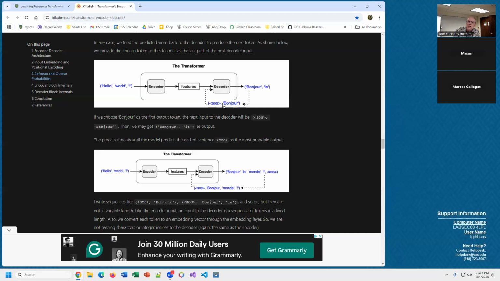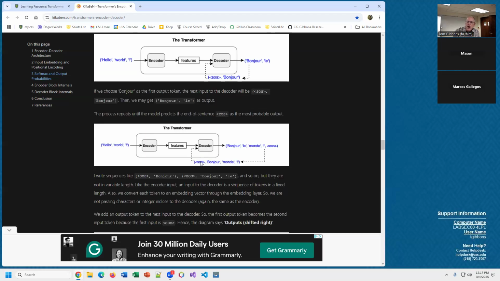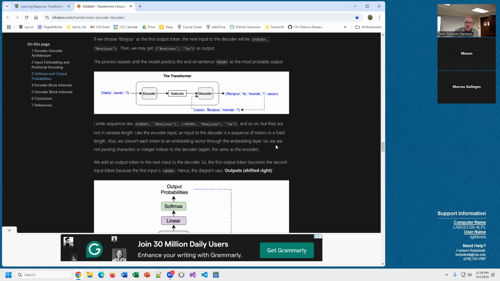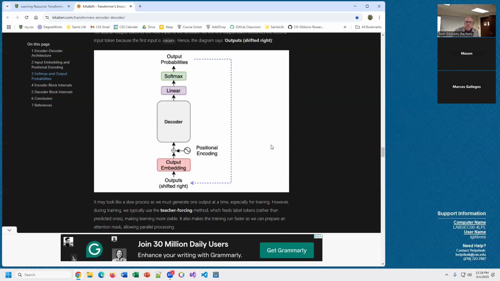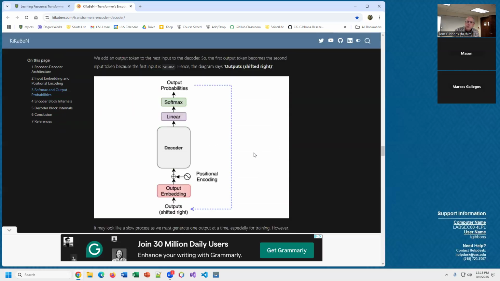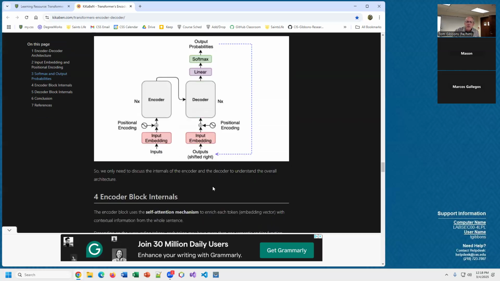So we started the sentence and then we did bonjour here, and then we're generating the next item. And then again, we're feeding the next couple words plus the whole English sentence into our transformer and having it predict the next word, and eventually it'll predict the end of sentence token. So again, this tries to map out how this works.